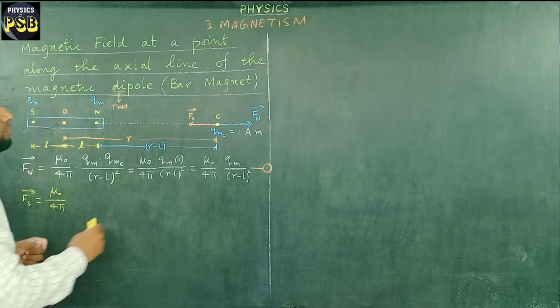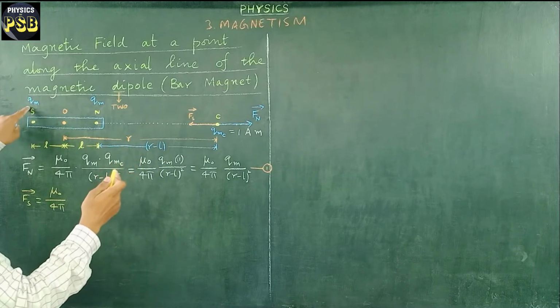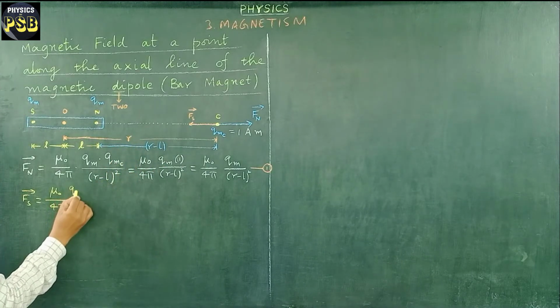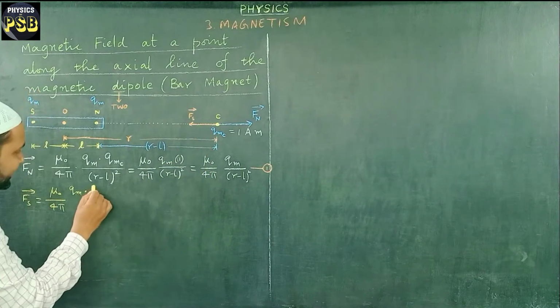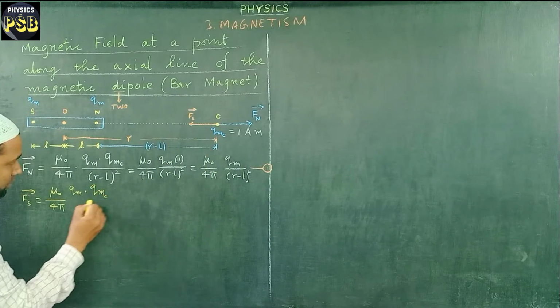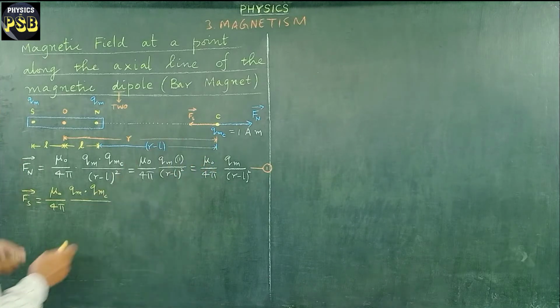Then here we have pole strength QM multiplied with this pole strength QMC divided by the distance between C and S. What is that?